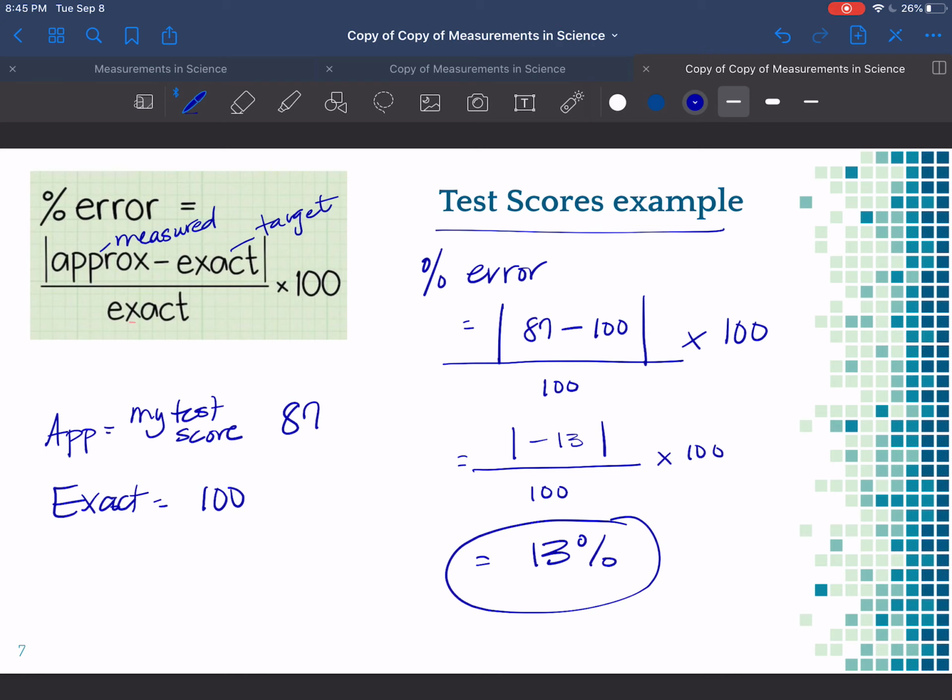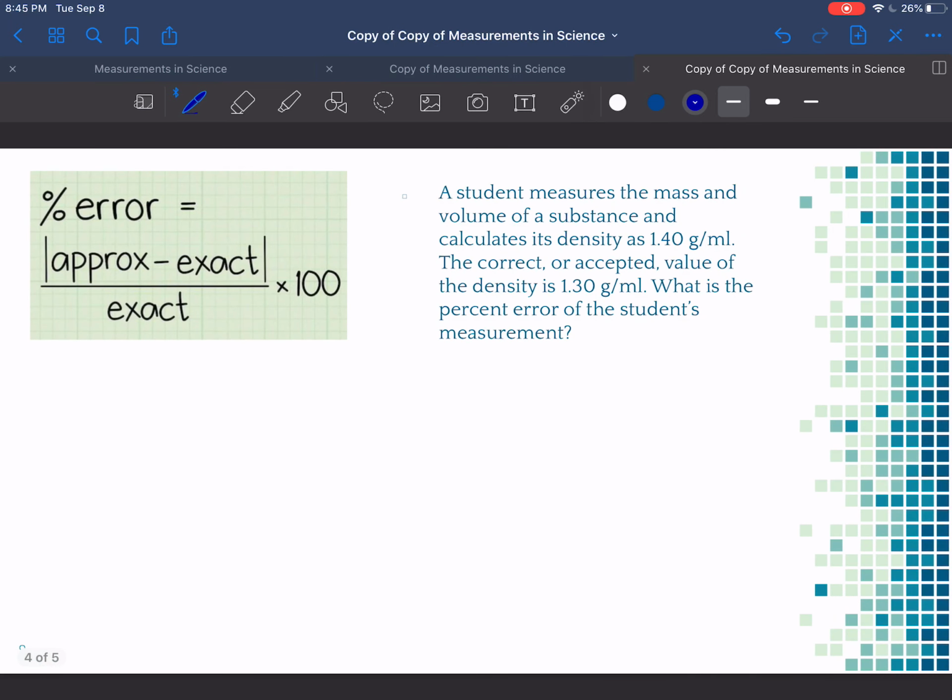On a test, a 13% error rate on a chemistry test is not too bad. However, 13% error rate in brain surgery could be the difference between life and death. So it's important to know with these percent errors what's an acceptable amount of error. So not only will you probably need to calculate this, but then compare that value to one that would be acceptable or not. Let's work a couple other examples.